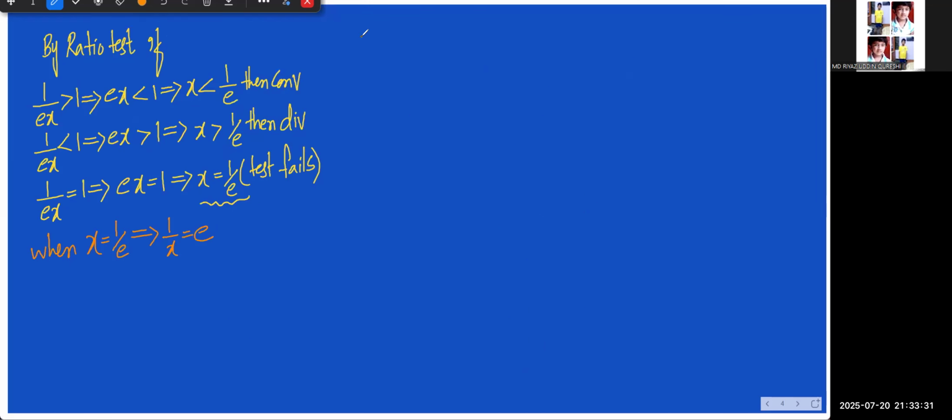So u_n by u_{n+1} value, अभी लॉग अप्लाई नहीं करें अपन.